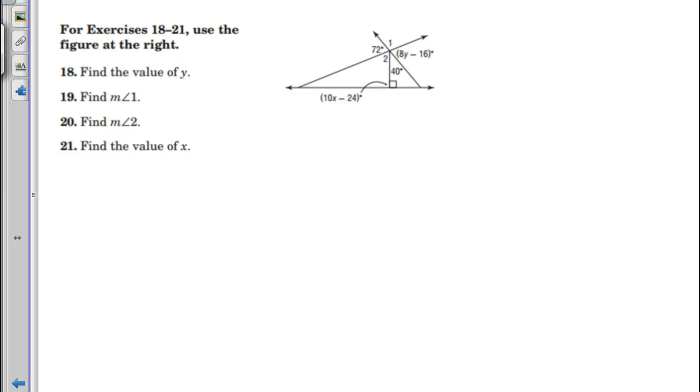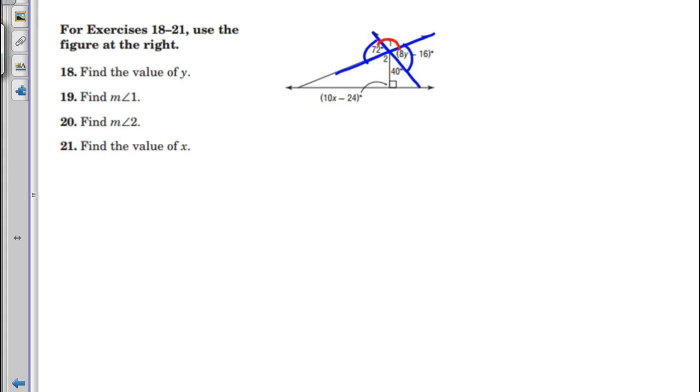We also have vertical angles. We know vertical angles are equal in measure. So where these lines are crossing right here, I'm just going to mark those. These guys are vertical angles. They're equal in measure. That one and these two together are vertical angles. They're equal in measure.